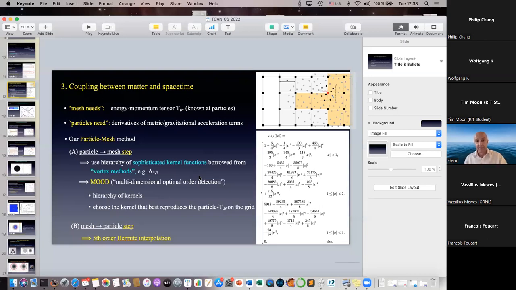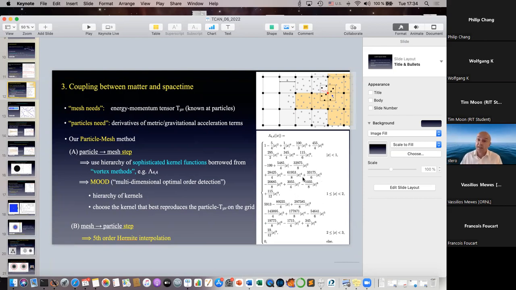In those pure MOOD hydro methods, it means you're reducing the reconstruction order and getting more and more dissipative. This is a very similar thing. But the reason is, well, maybe let me say one more sentence.